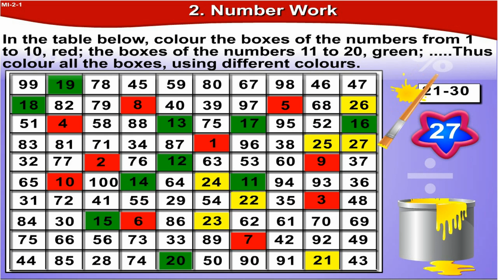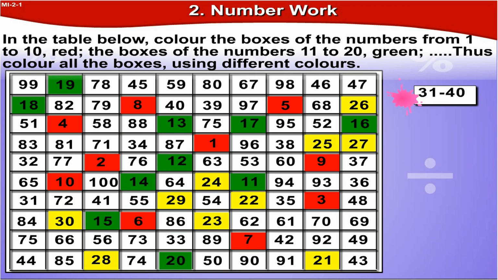Now color the box yellow. Now let us look for number 28. And here is number 28. Now color it in yellow. Can you notice number 29? Here is number 29. Now color the box containing number 29 in yellow color. Number 30. Color the box with yellow.